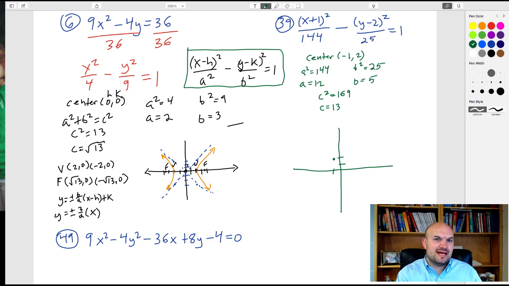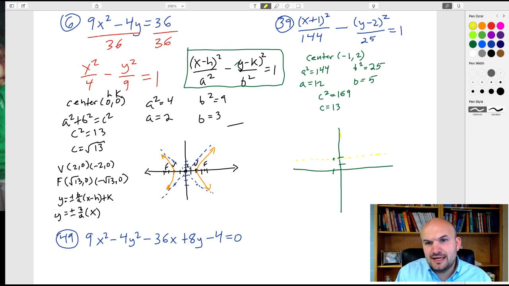Now again, notice that a squared is under x, so I have a horizontal transverse axis. Since my center is off of the x-axis, I'm going to draw a nice little horizontal line just to remind me that my transverse axis is horizontal. What's important about the transverse axis is that's where my vertices and foci lie, so it's important to make sure we have that in there.